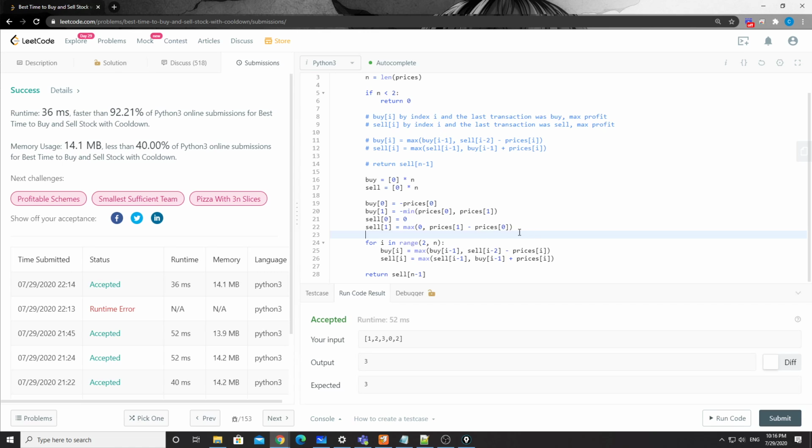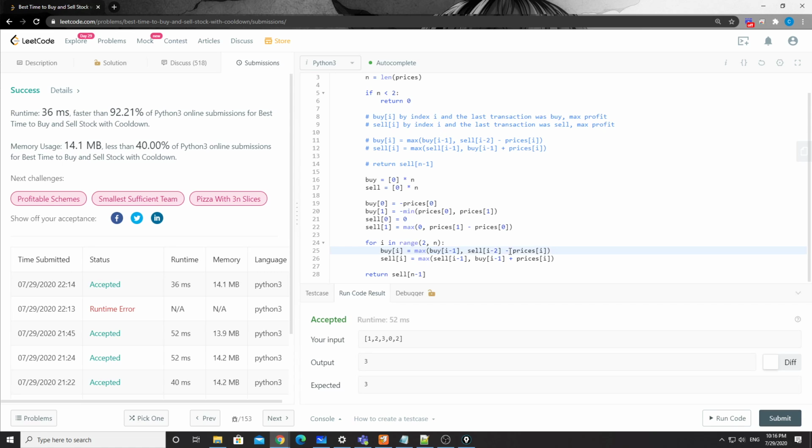So in that case, we can always compress the space complexity from O of n to O of 1. Basically, we're going to have a rolling state to keep updating each of the states here.